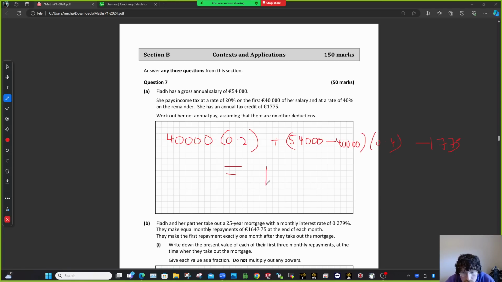Yeah, so that works out as 11,825, and you then take that number away. So this is his net pay. That's the net tax, and then the net pay is that number. Take away that number, his gross salary, and you get 42,175, and make sure I put a euro symbol there.